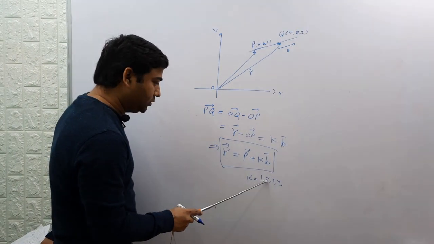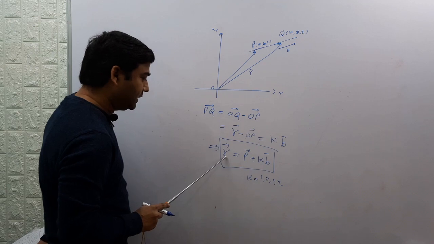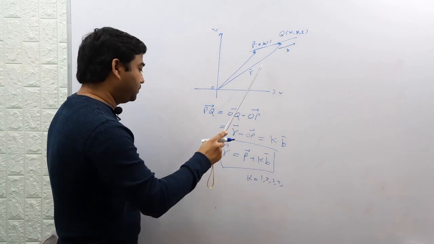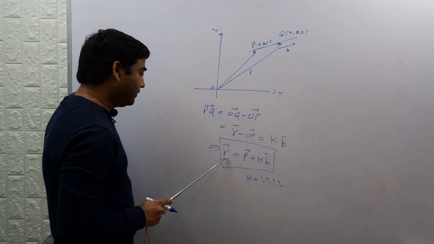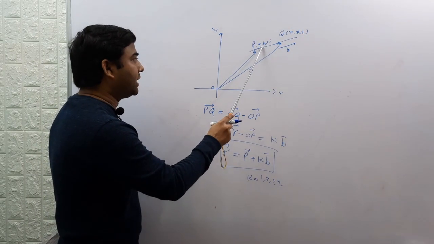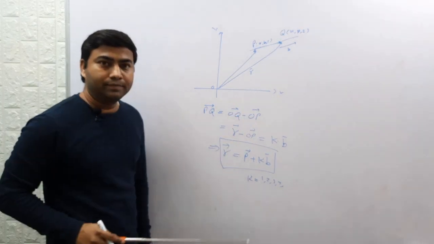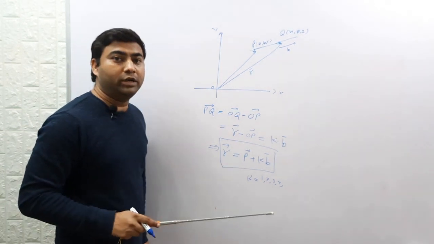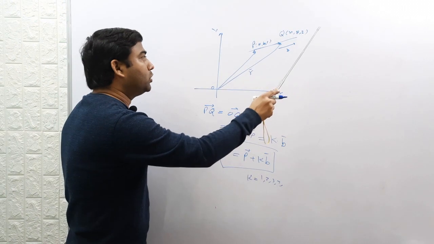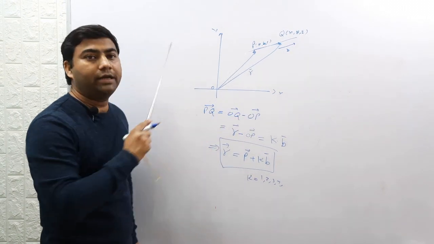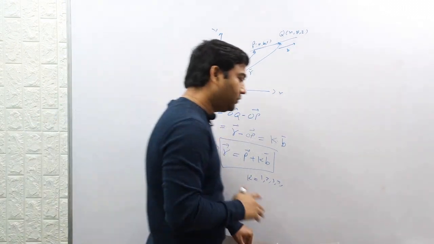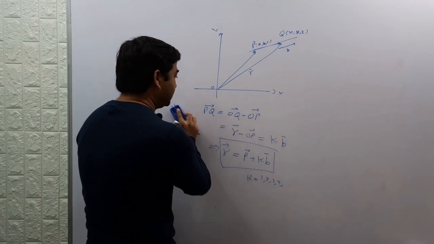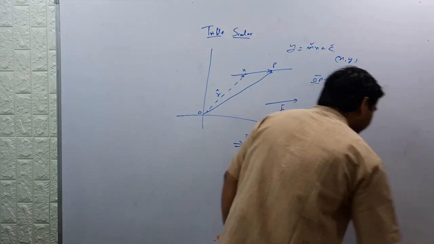Put the values 1, 2, 3, 4 and you will find different values of R. That is the general point. So by finding different values of R, you can draw the line. This R is the position vector of those points. Joining those points, you will form this line. That is the meaning of the vector equation of a line. We will understand this with an example.